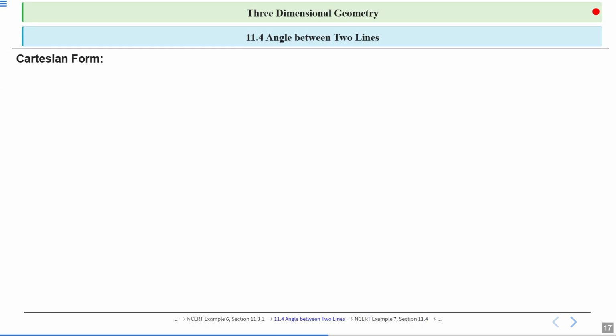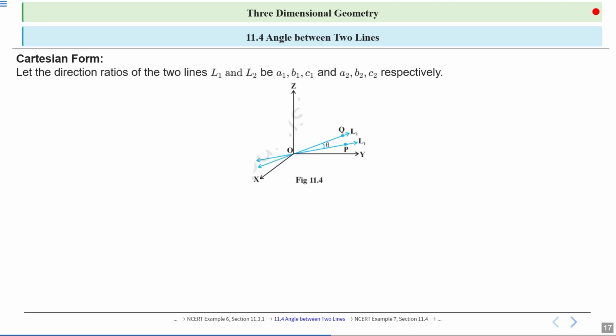Now we are starting with the Cartesian form in 3-dimensional geometry. Here we define the direction ratios for two lines L1 and L2. For L1, the direction ratios are a1, b1 and c1, and for L2, they are a2, b2 and c2. The image shown helps you visualize these lines and their orientation in 3D space.